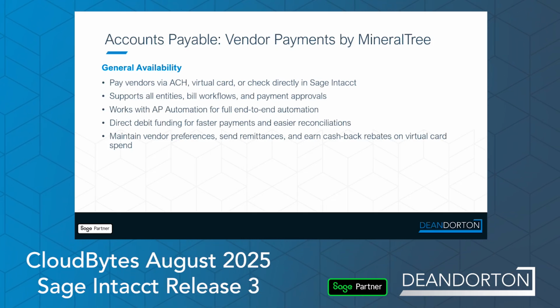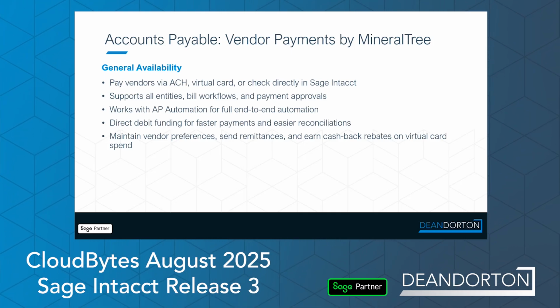Faster payments, easier reconciliations, and you can still maintain vendor preferences, send remittances, and earn cashback rebates on virtual card spend. And I think that one is cool there. Earn cashback rebates on your virtual card spend. So something to consider. There is a charge for the use of the vendor payments by Mineral Tree.